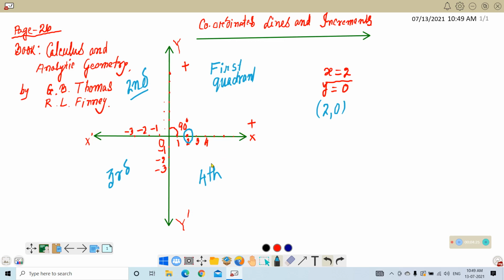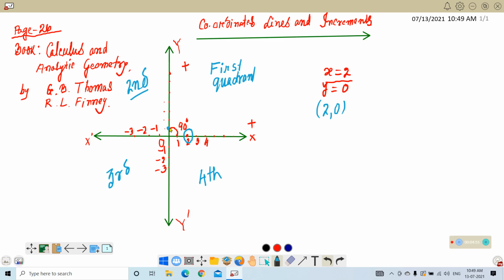And the entire plane will be divided into four: first, second, third, and fourth quadrants. This point is (2, 0). Similarly, any point along the y-axis, particularly this point, is (0, 1).